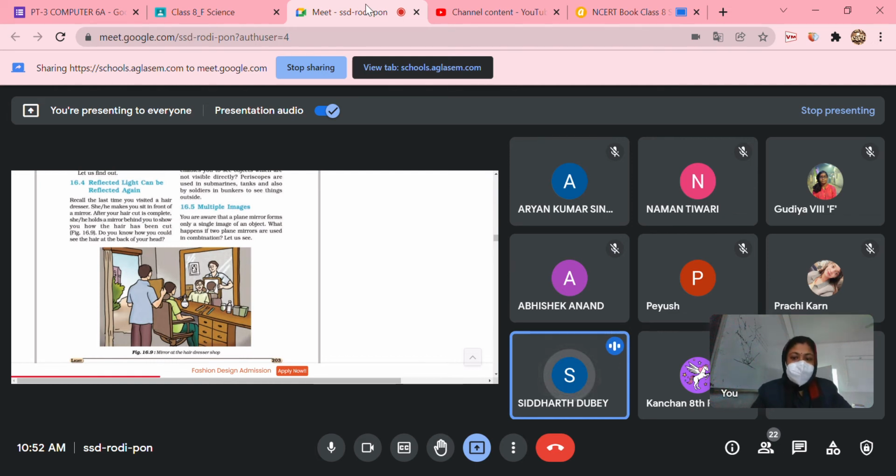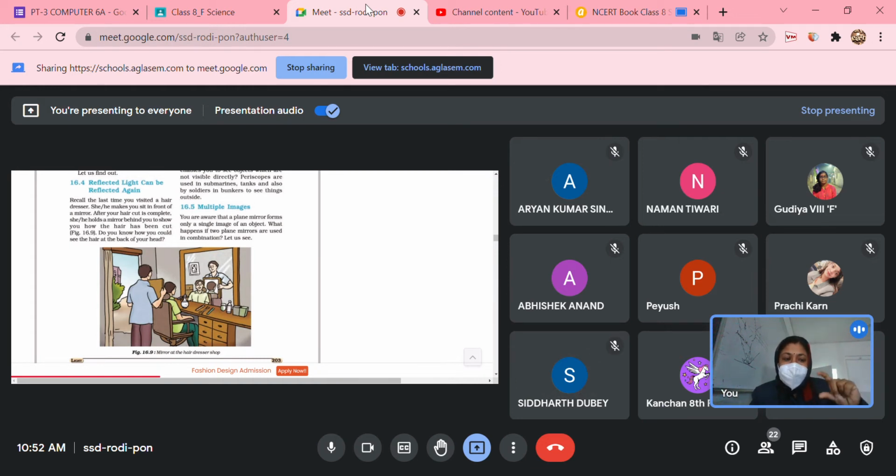Then the reflected light again becomes the incident ray for the big mirror in front of him. Then it is reflected by that big mirror back to the eye of the person, and the person is able to see the inverted real image which is processed by the brain, and we can see the erect image of his back.